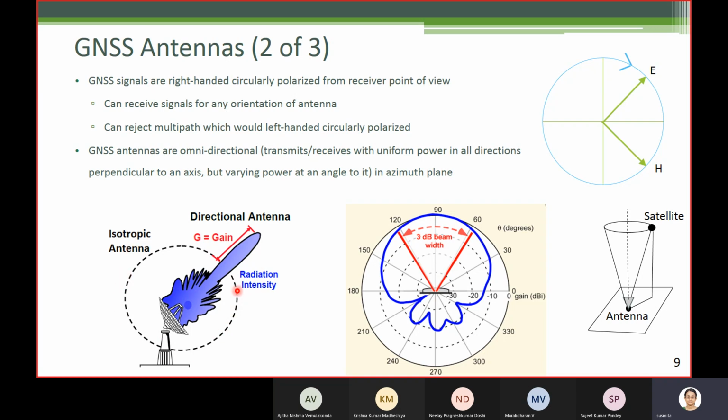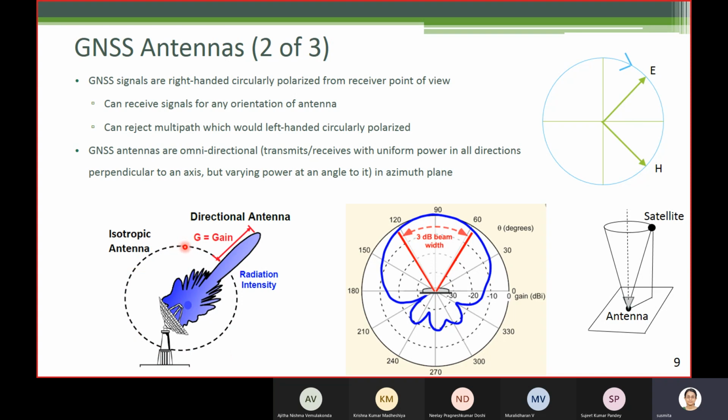That's why this dashed circle here is shown. Basically, the distance of the circle shows the radiation intensity or power density. In case of an isotropic antenna, it has the same radiation intensity or power density in all the directions. That's why it is shown by this dashed circle.